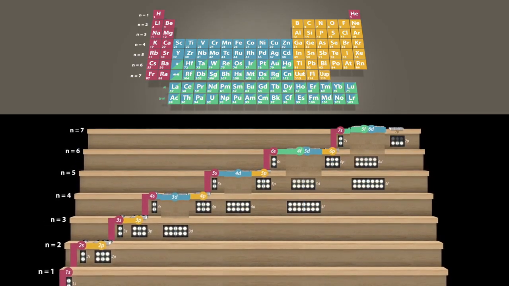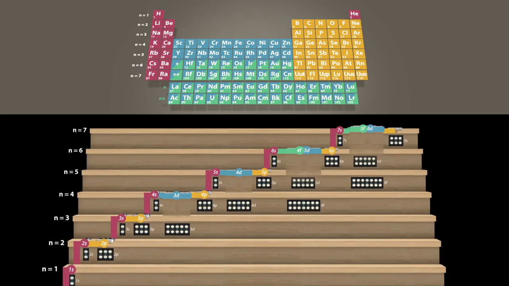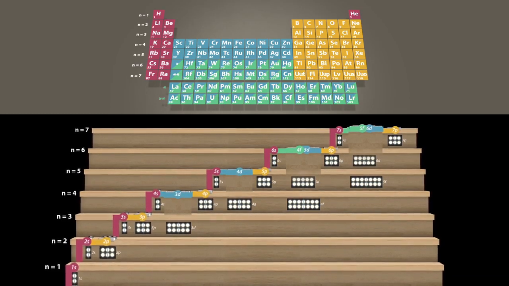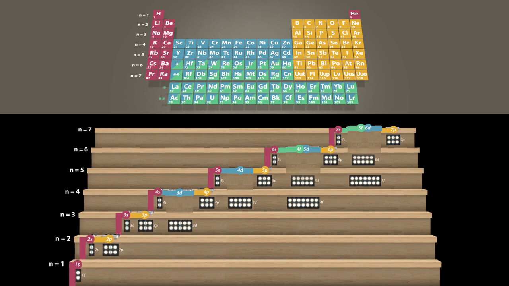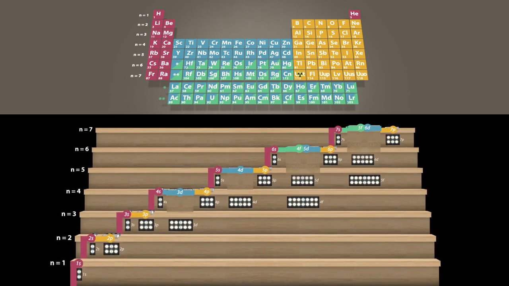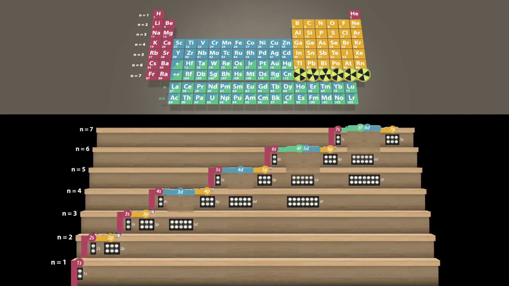Finally, the 6 states of the 7p orbital are filled. The elements 113 to 118 of the periodic table are thus complete. None of these elements has stable isotopes. They all decay radioactively within a short time.